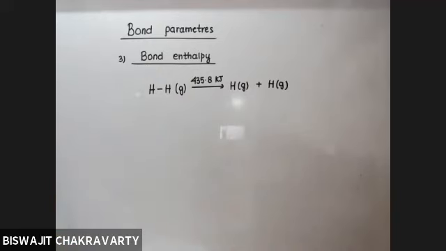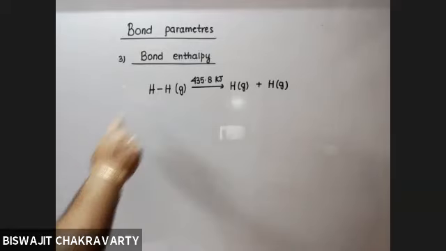Again, I'm asking, when we talk about 1 mole of bond, how many bonds are required to be broken down? 6.022 into 10 to the power 23. Never forget this number. And the larger the energy required, what can you say about the bond?